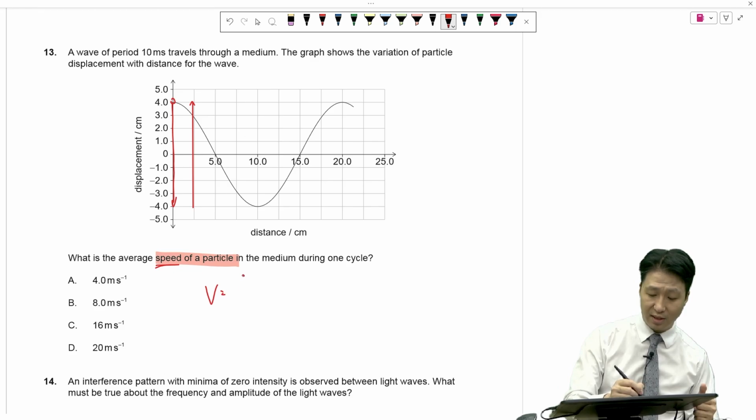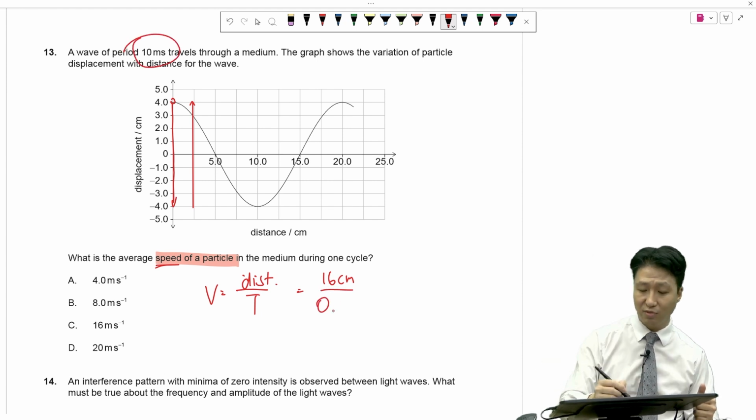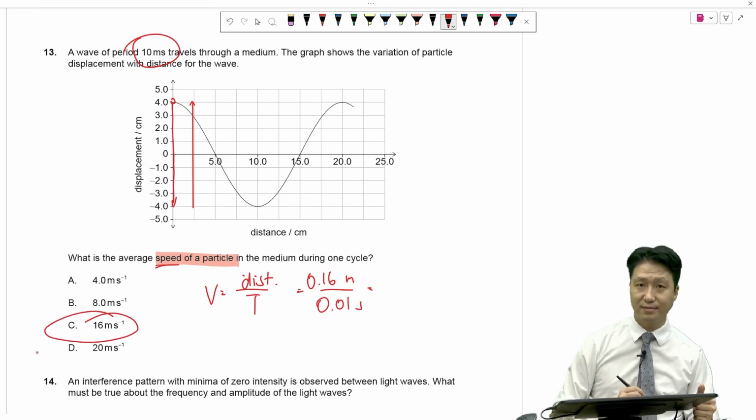So when you get the velocity as the distance traveled, you will need to use 16 centimeters, divided by the period, how long it takes to go down 8 centimeters and up 8 centimeters. Of course, that's 10 milliseconds, which would be 0.01 seconds. Let's also convert centimeters to meters, which would make it 0.16 meters. And 0.16 divided by 0.01 is just 16 meters per second.